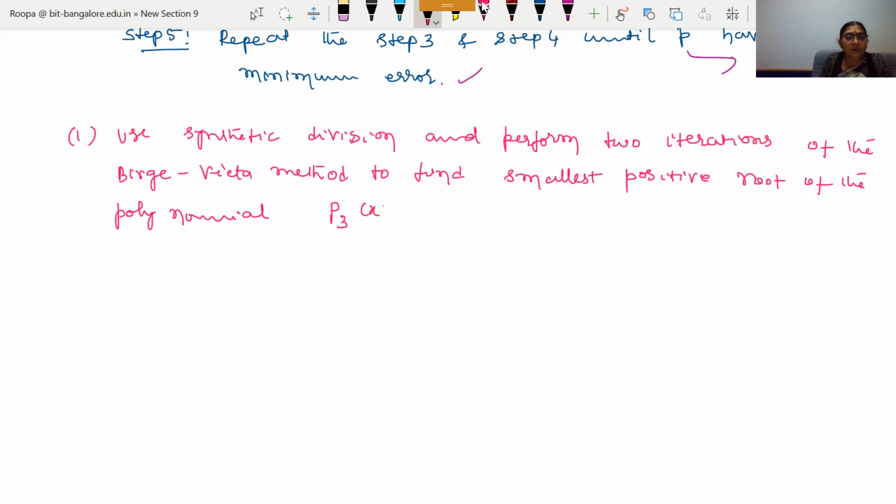The given polynomial is of degree 3: 2x cube minus 5x plus 1 equal to 0.